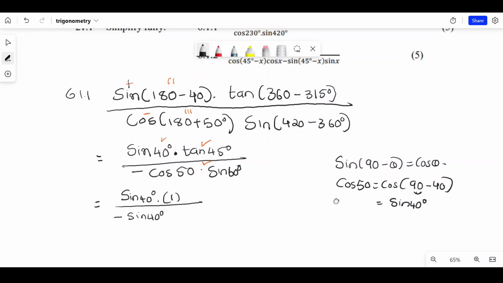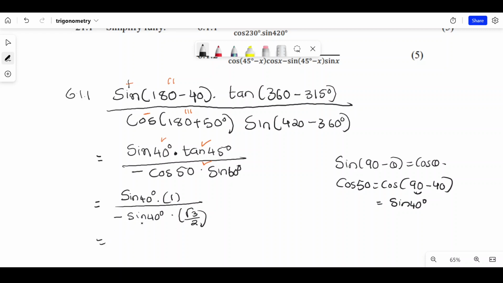So this is what happened here. But we don't need to go into all these details. You can directly write it, or if you want, you can write this. There is no problem. So the mark is for changing cos 50 to sine 40 times, now sine 60 is a special angle, root 3 over 2.